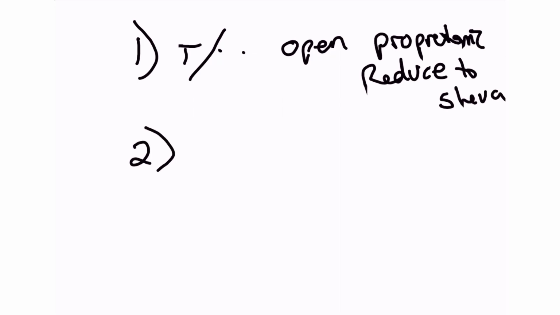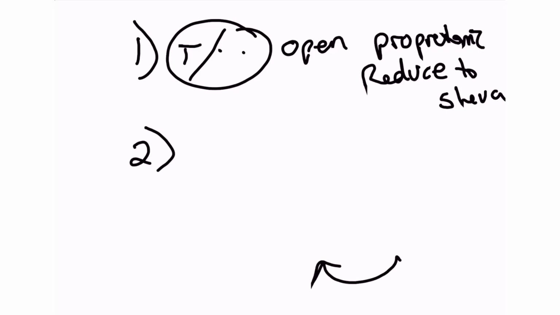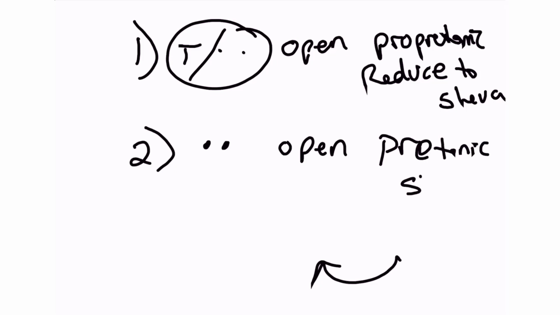Rule number 2, if you don't have one of these in an open pro-pretonic syllable, then you go to the next syllable, the pretonic syllable, the syllable right before where the tone is, where the accent is. And if you have a tzere there in an open syllable, so in an open pretonic syllable, that will reduce to shva.